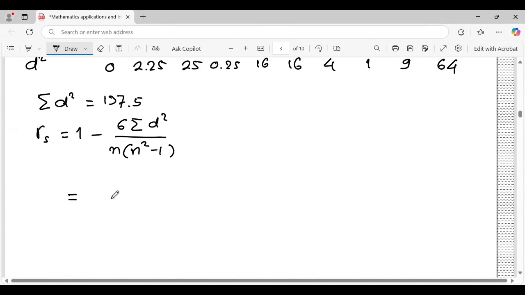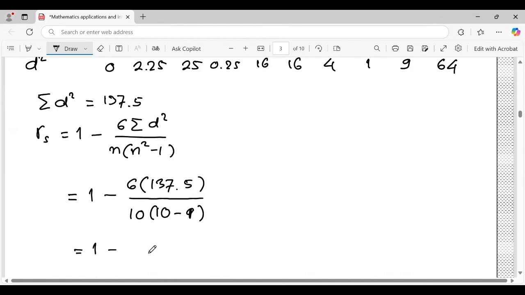And it's going to be 1 minus 6 times 137.5 divided by 10 times 10 squared minus 1. And it becomes 1 minus 825.0 divided by 990.